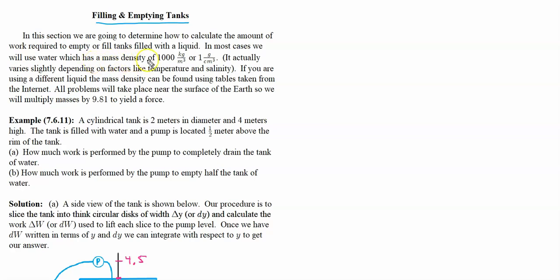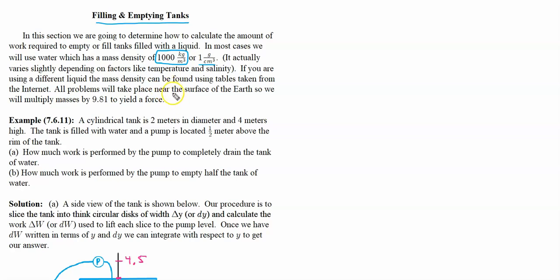Now water has a mass density of 1,000 kilograms per cubic meter, or 1 gram per cubic centimeter. Usually we're going to use this unit right here, 1,000 kilograms per cubic meter. Most of our problems are going to be taking place near the surface of the Earth.